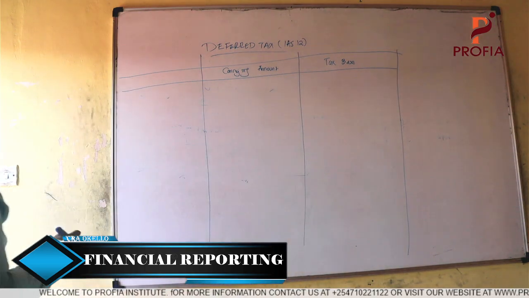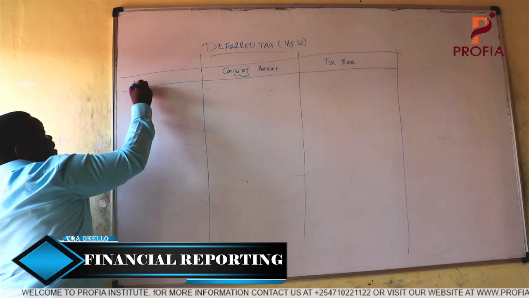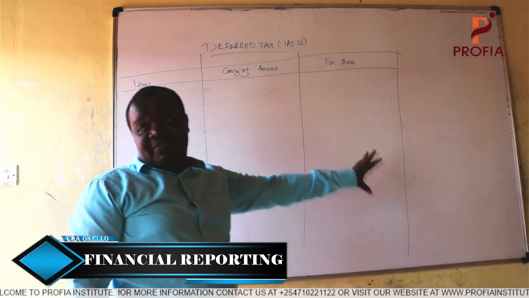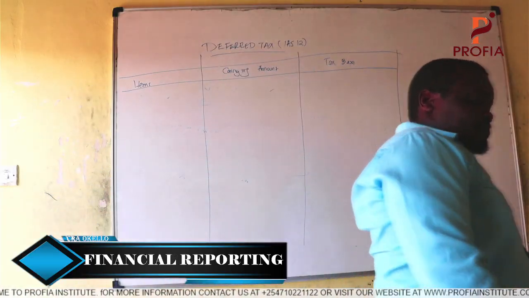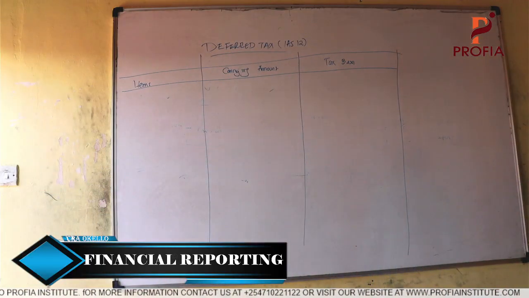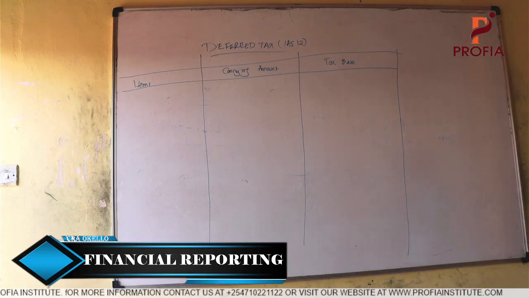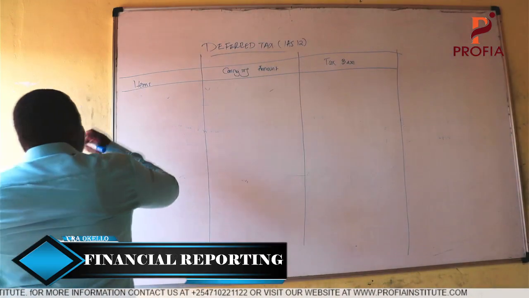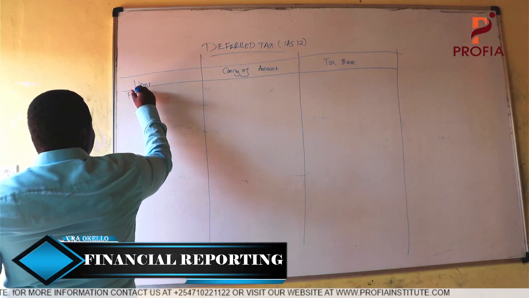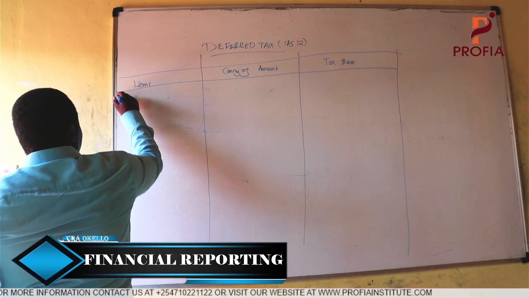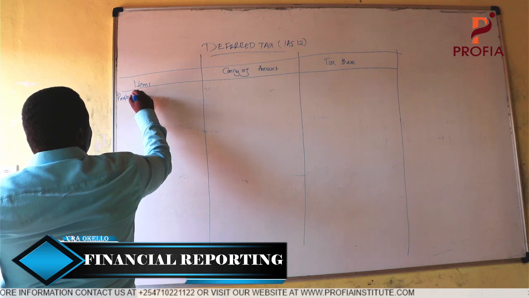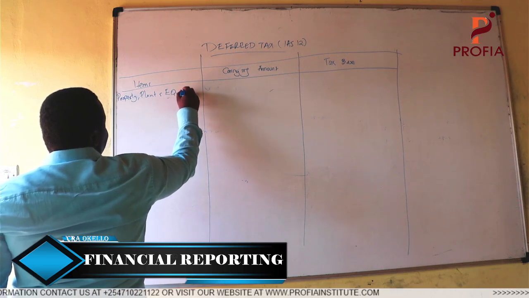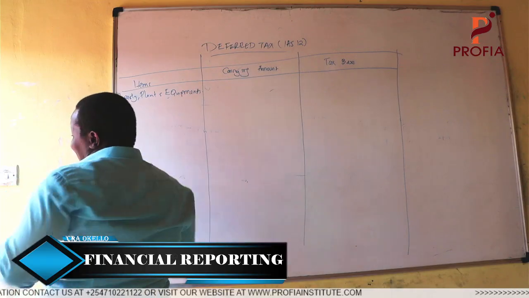So I want us to look at some of the items and define their carrying amounts and their tax bases. You can start with PPE. What is the carrying amount of PPE? PPE in full is property, plant, and equipment.